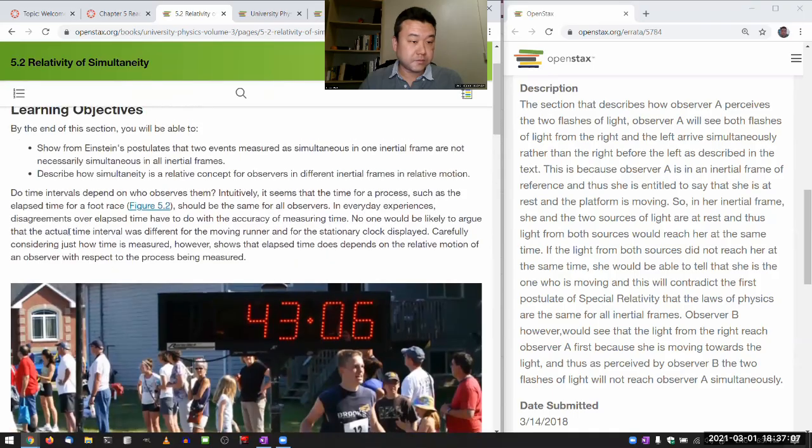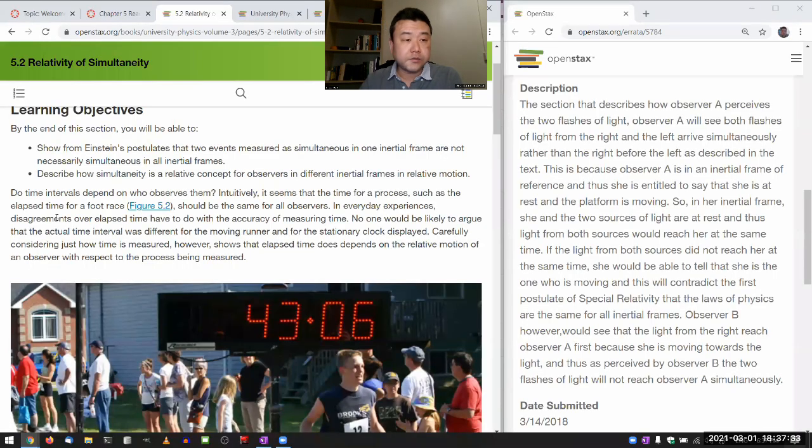It says, starting from here, do time intervals depend on who observes them? Intuitively, it seems that the time for a process, such as the elapsed time for a foot race, should be the same for all observers. In everyday experiences, disagreements over elapsed time have to do with the accuracy of measuring time.